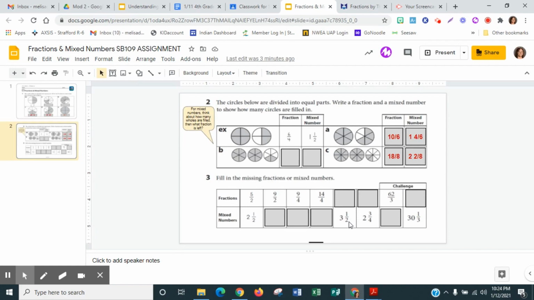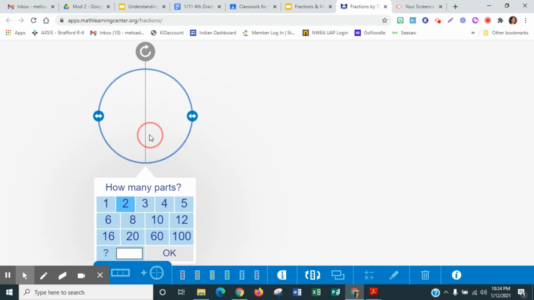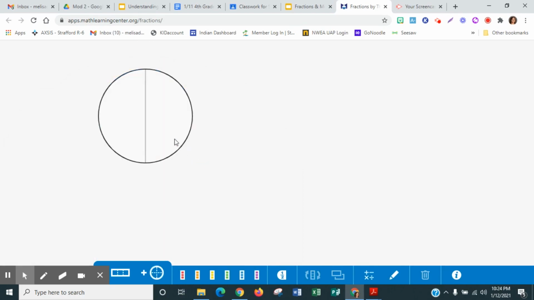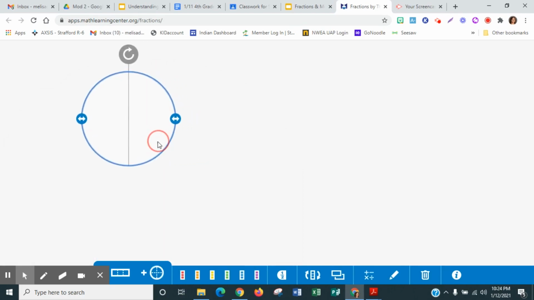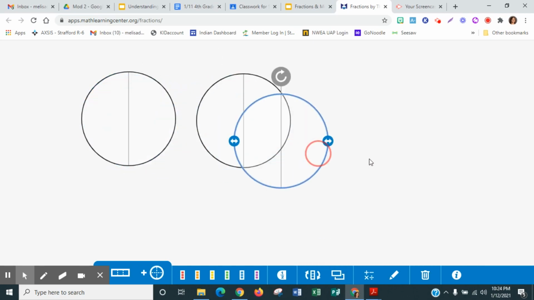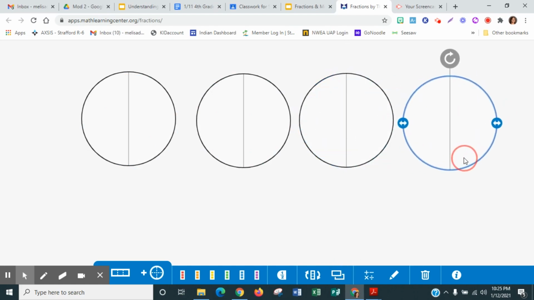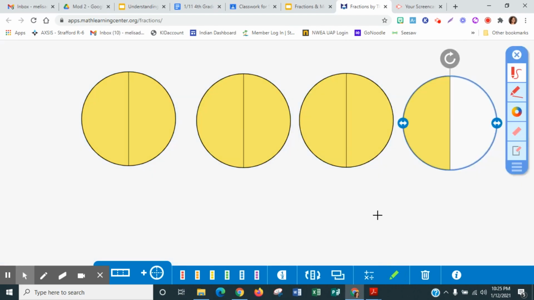Because this was a 2 on the bottom, we know that what we're creating will be halves. So there's 2 sections. So it said 3 and 1/2. So that means I need 3 of these plus 1/2 more. I'll go ahead and fill them in so that I know what I'm counting.